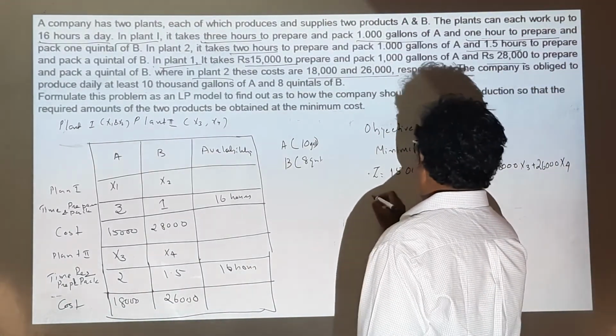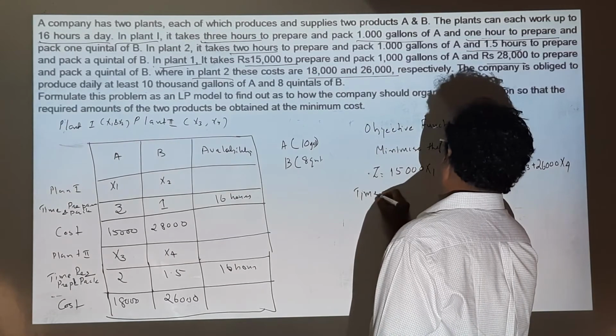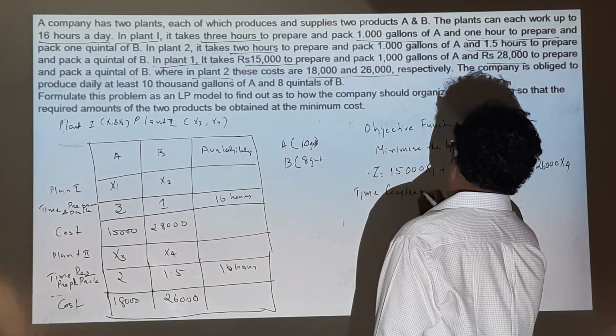Now next is the time constraint. What is the time constraint?